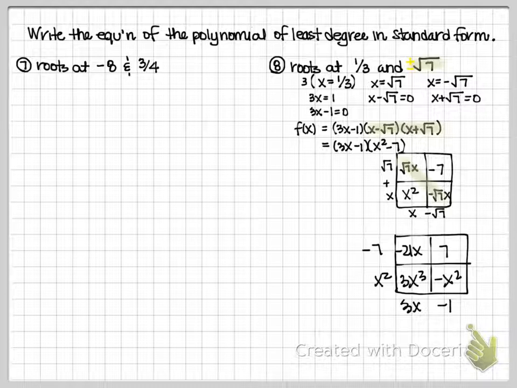And then plus 7 there. All right, then from here, we're going to end up with our final f of x itself. So f of x is equal to, in this case, looks like we have a 3x cubed inside the box, a negative x squared, a negative 21x, and then a positive 7. So this is going to be our answer right there.